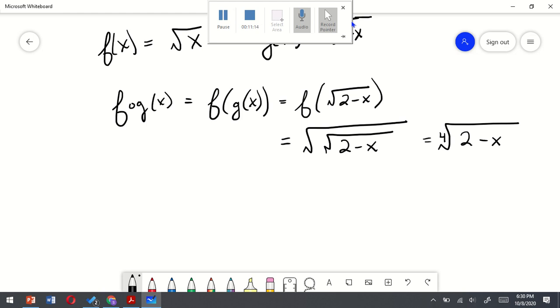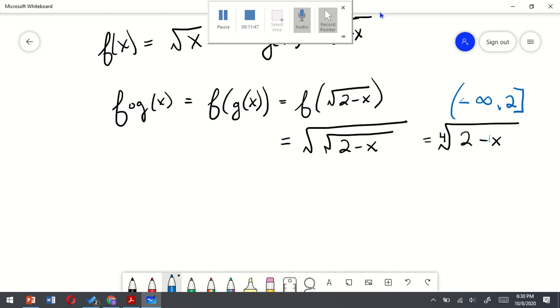So that means my domain is any numbers as long as x is at most 2, because if it is equal to 2, that'd be 0, which is okay. It can be equal to 2 or smaller numbers. I got my order backwards on what I was thinking about. So it can be equal to 2, and things smaller than 2 are going to mean that this is still a positive amount.